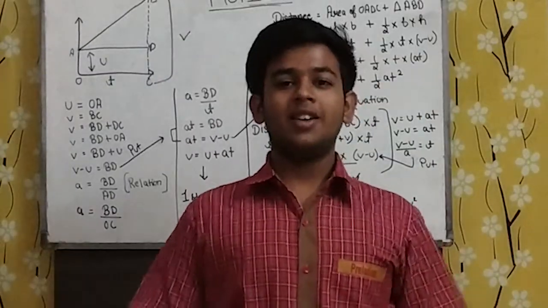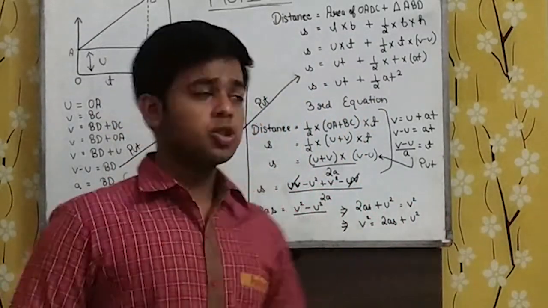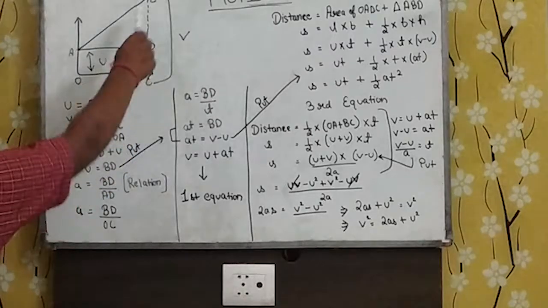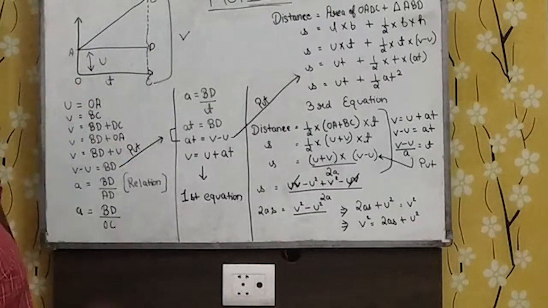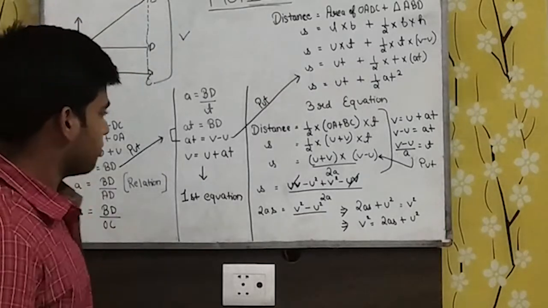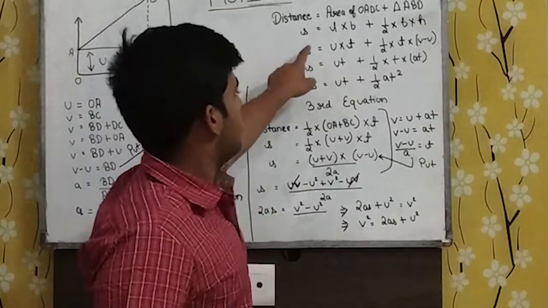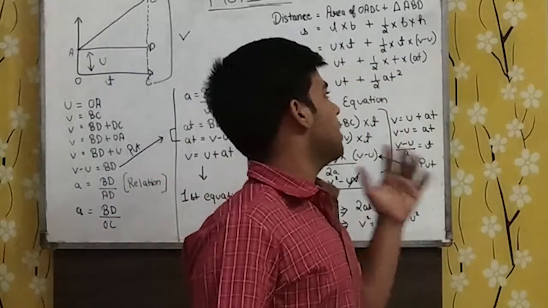Hi, let's derive the second equation of motion. In order to derive the second equation of motion, we need to calculate the area of this whole portion. We'll take this portion in two parts. First, this part as rectangle and this part as triangle. Distance can also be written as S. So we'll take S equals to L into B plus half into base into height.